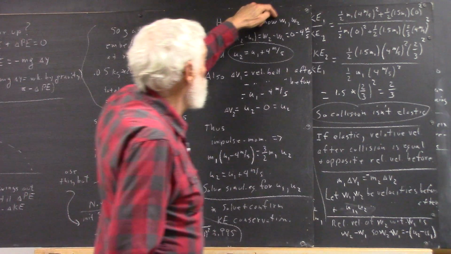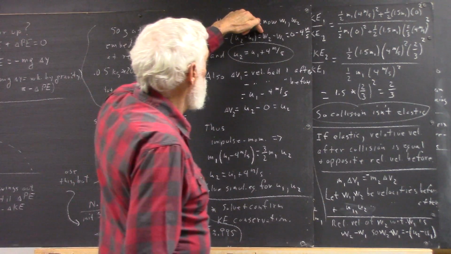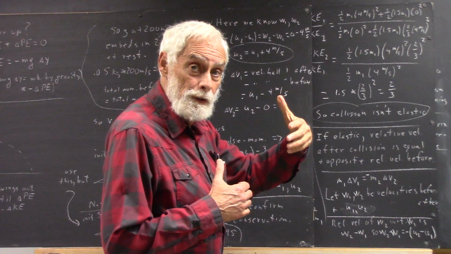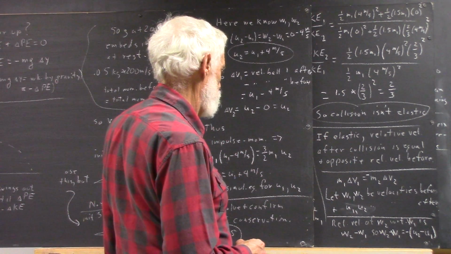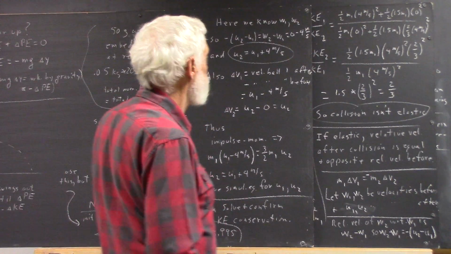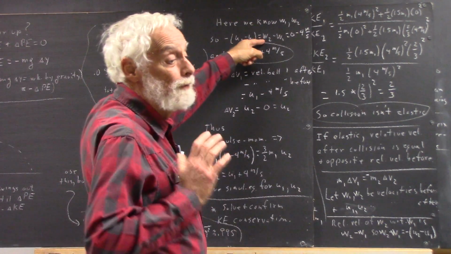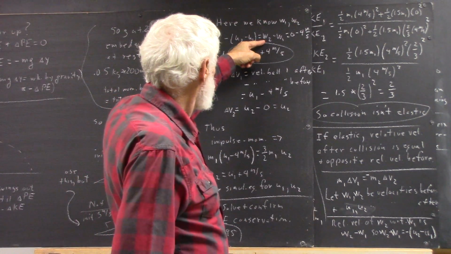So we know W1 and W2. And W2 minus W1, well, W2 is 0. W2 being the velocity, now I lost track, so if you're losing track, well, join the club.